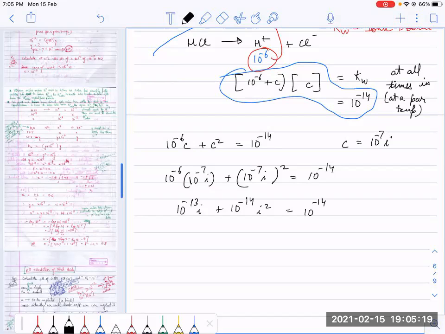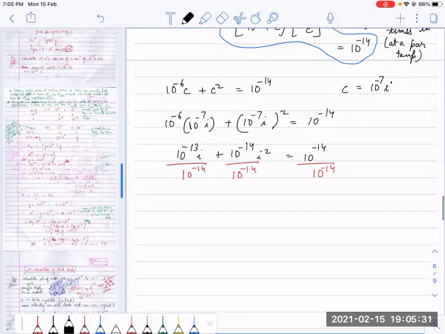Now, dividing the whole equation by 10 to the power minus 14. So I'm making clever substitutions and cleverly solving this equation in order to solve it with simplicity. The answer would be 10i plus i square is equal to 1.